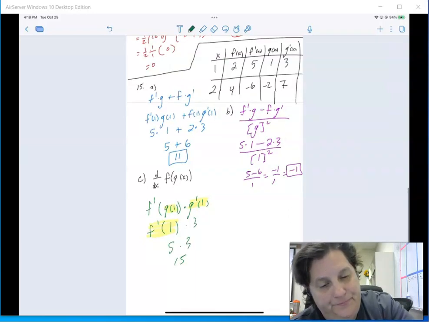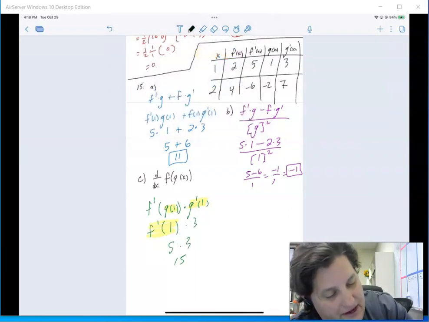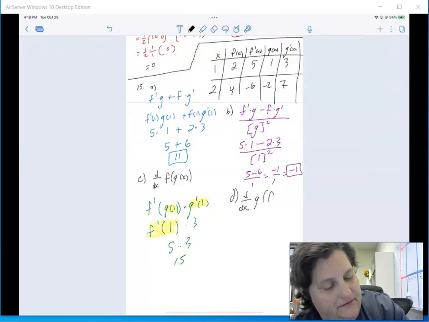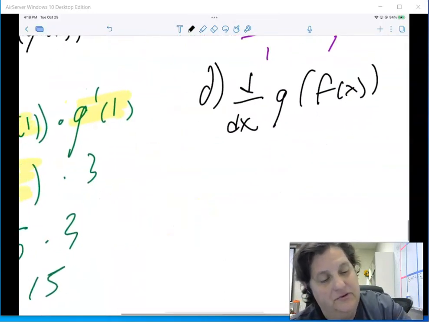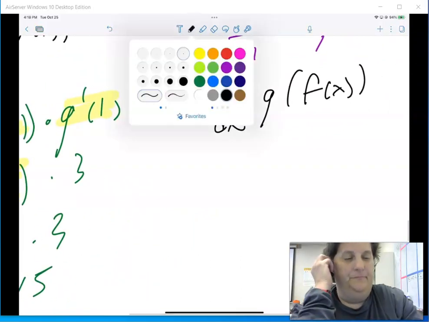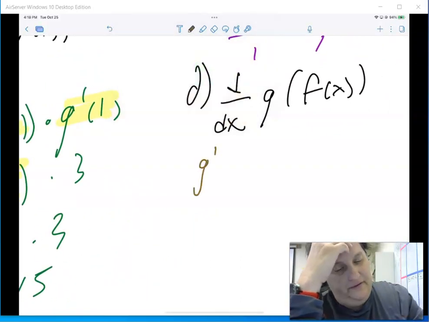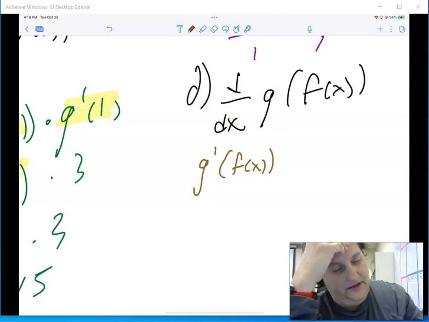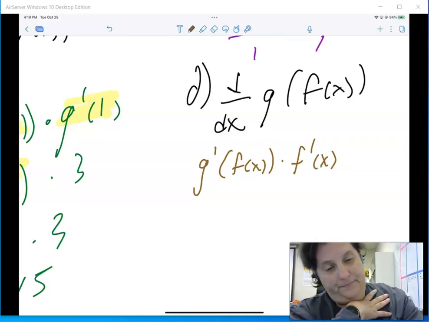All right. Now this one goes the other way for part D. It wants g of f of x. Okay, so first I'm going to write this out. Derivative of the outside, leave the inside the same, times derivative of the inside.